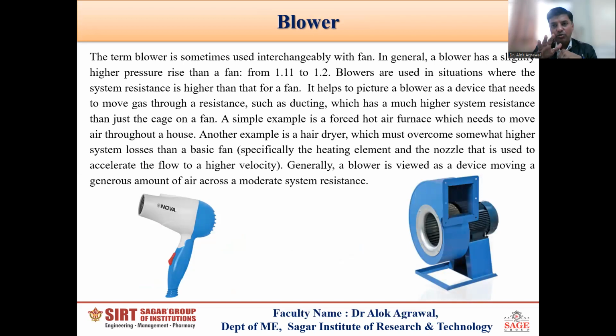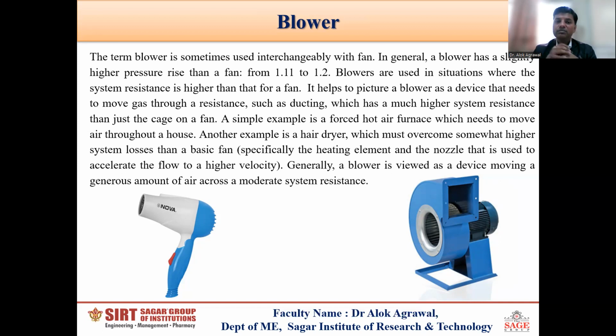Blower and fan are more or less the same thing. The only difference between them is the rate of pressure. In fan, we have seen that the pressure rise took place at a ratio of maximum 1 to 1.11. But if there is a device which increases the pressure ratio above 1.11 up to 1.2, that device comes in the category of blower. Here in blower, the resistance is higher as compared to the fan.